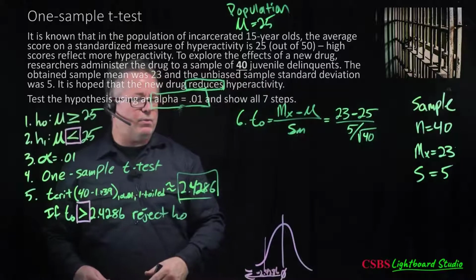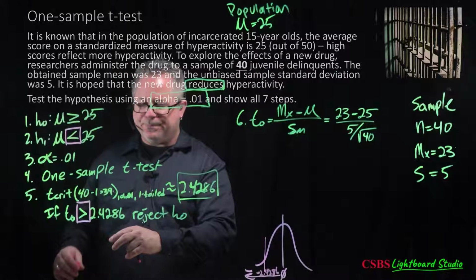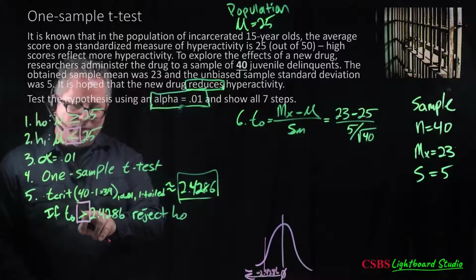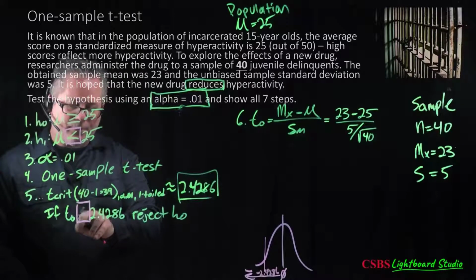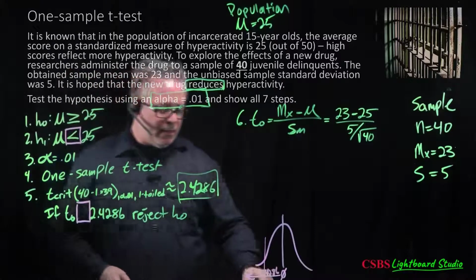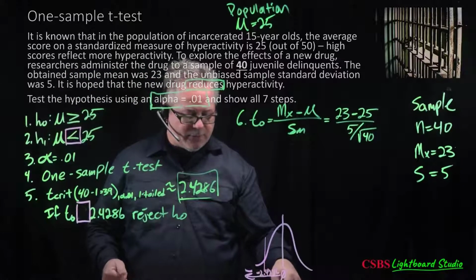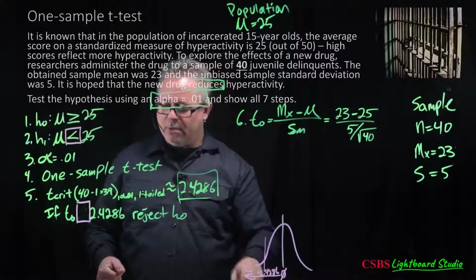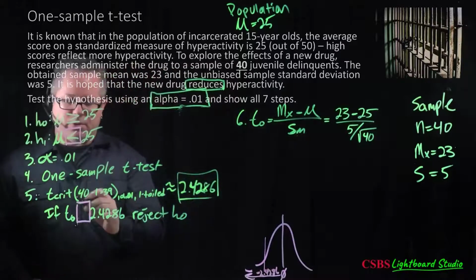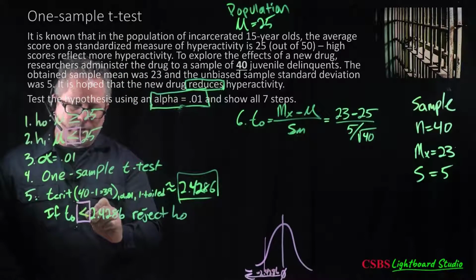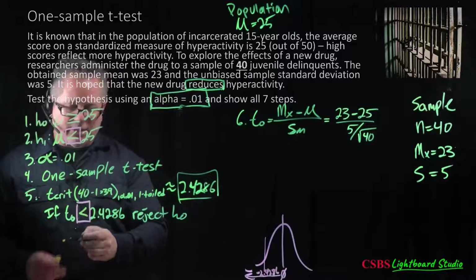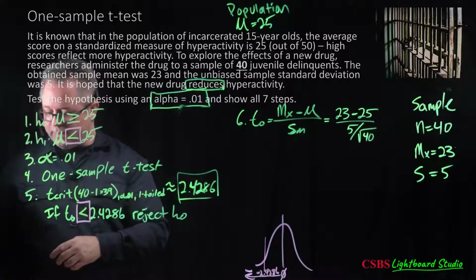All right, so I gotta fix this. This is not whether this is greater than, it should match the alternative here. So this should be less than, and because of that, this isn't 2.4286.